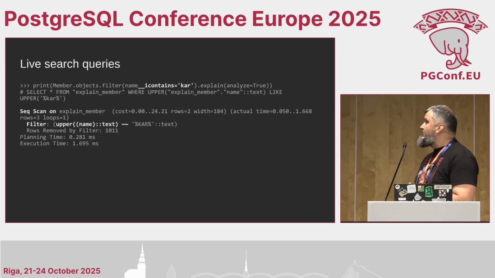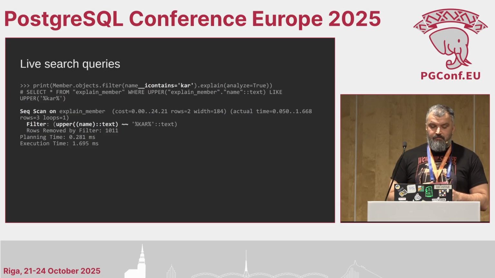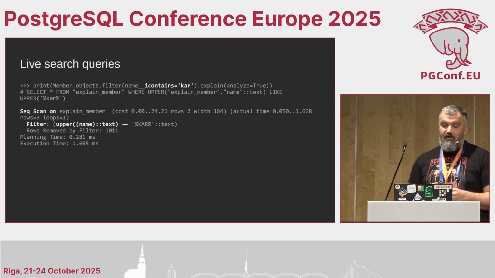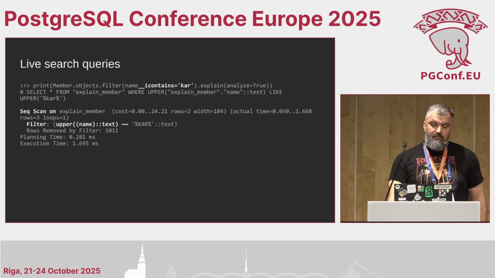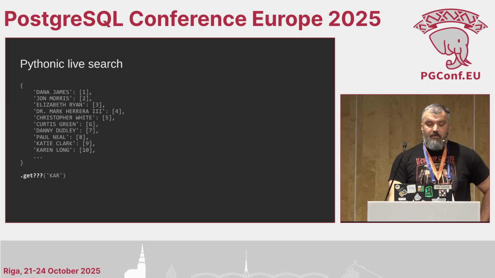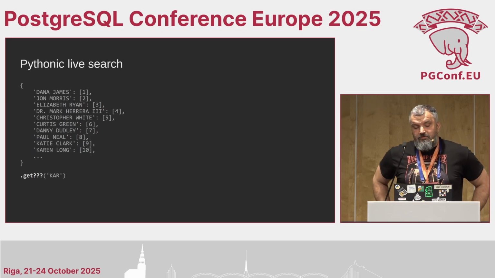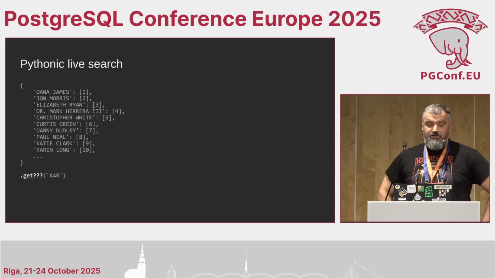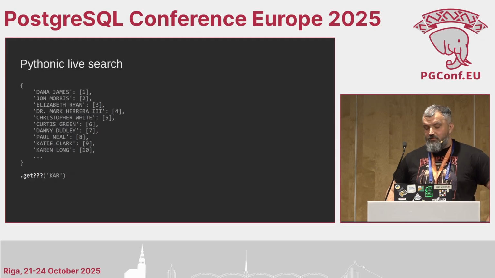And the query that Django generates behind the scenes is this: upper on the name is like upper on the input. And no wonder, it can't find the index for this. The thing is that we have a B-tree index. And if we think about dictionaries in Python, we can't retrieve from a dictionary something matching a partial key value. There's no such feature.